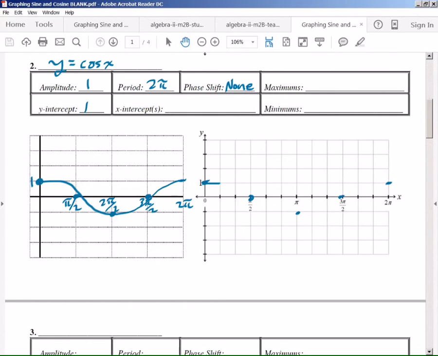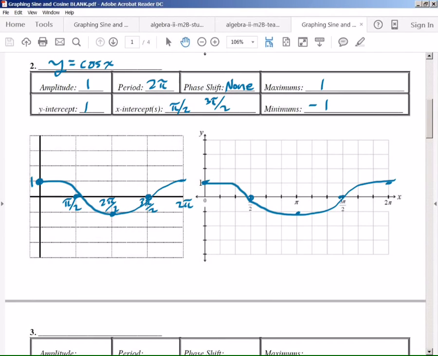I put my points on first, and then I graph. Our x-intercepts are just pi over 2 and 3 pi over 2. Our max is 1 and our minimum is -1. That's how you graph the basic sine and cosine functions.